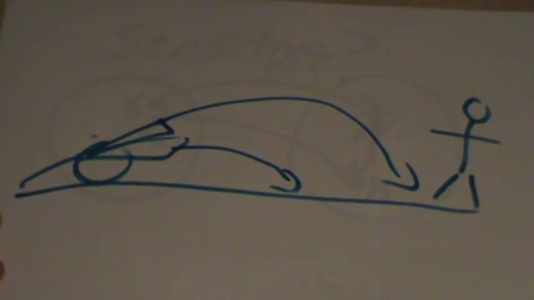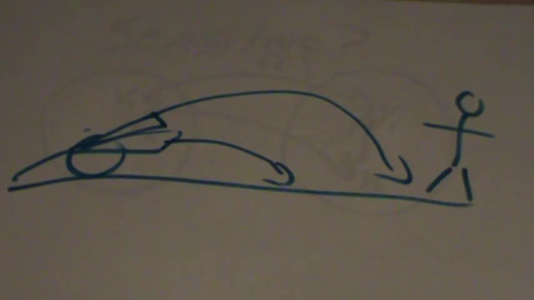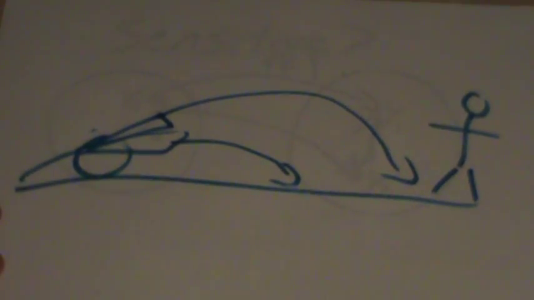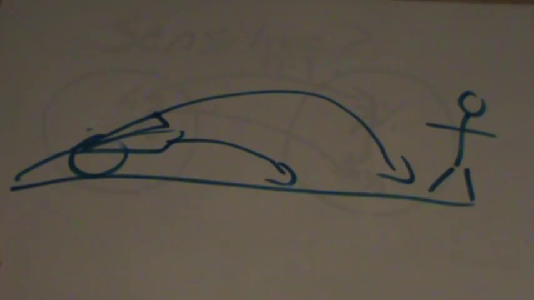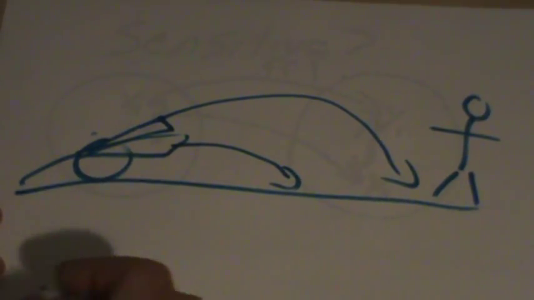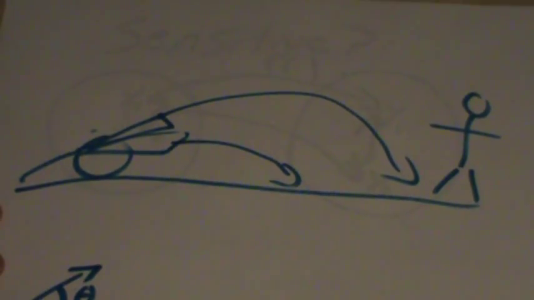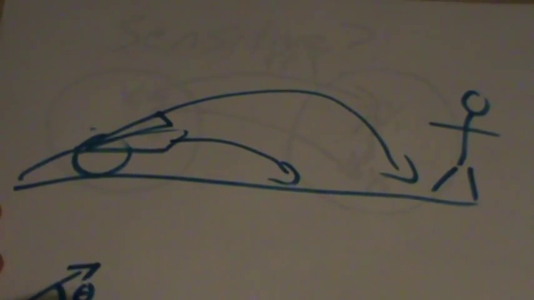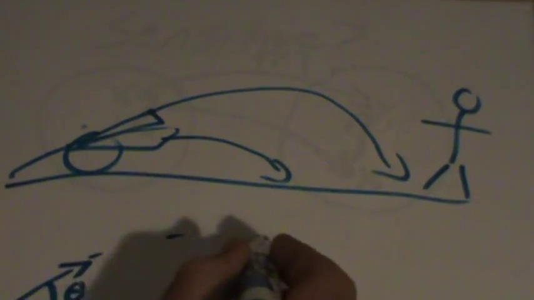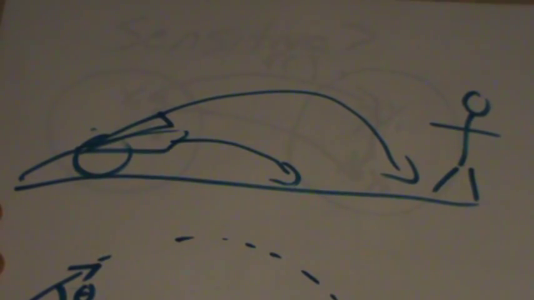So based on what my angle is and how much charge I put in there will tell me how far my cannonball is going to travel. We can approximate this by taking an angle theta and some type of initial velocity put on it, and we want to find out what the range is.